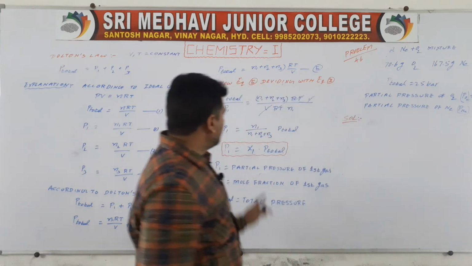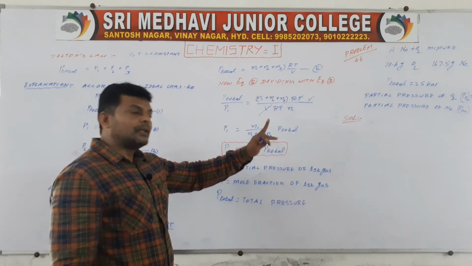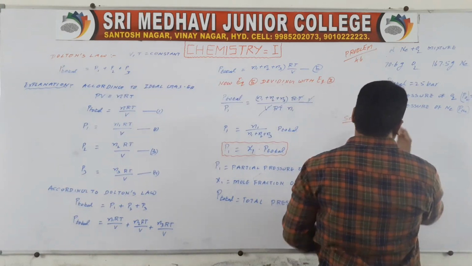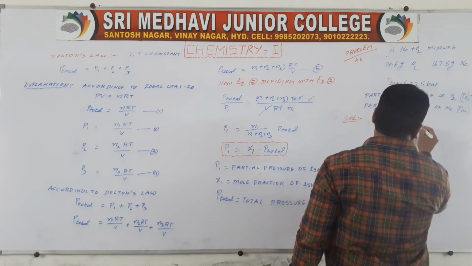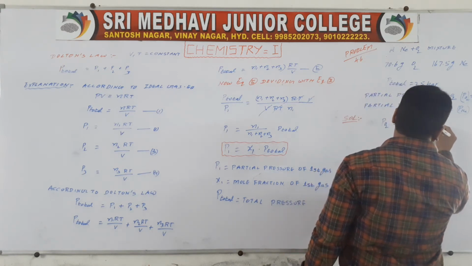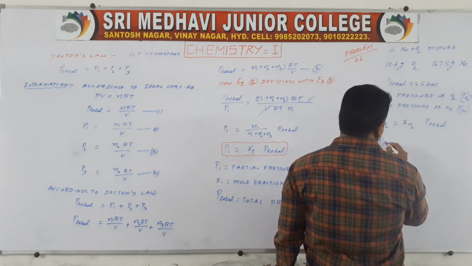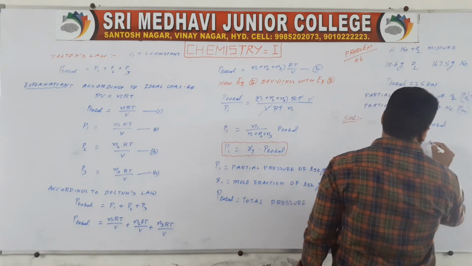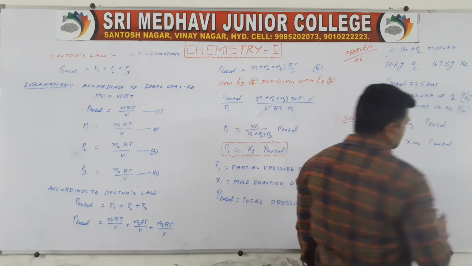Then the solution. Here P1 equals X1 into P total, like that we want PO2. So PO2 equals XO2 into P total. Like that PNe equals XNe into P total.